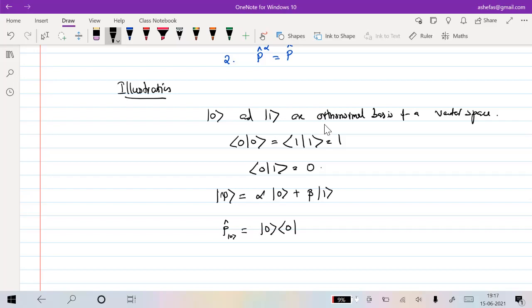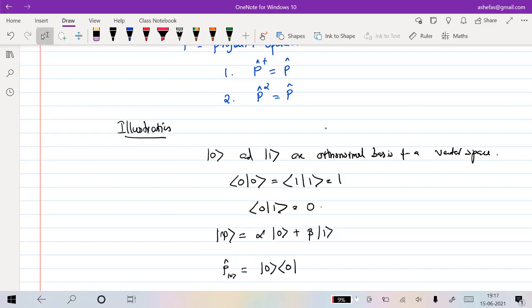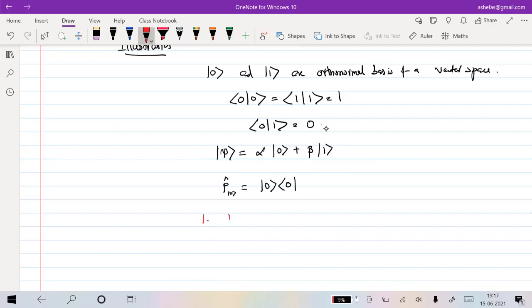Now we have to check whether it satisfies the conditions of a projection operator. The first condition is it must be Hermitian. So we find the dagger of this projection operator. This is the outer product |0><0|, and we take the dagger of this outer product. We'll get the same, isn't it? Because if you have the outer product |psi><phi|, then (|psi><phi|) dagger is equal to |phi><psi|.